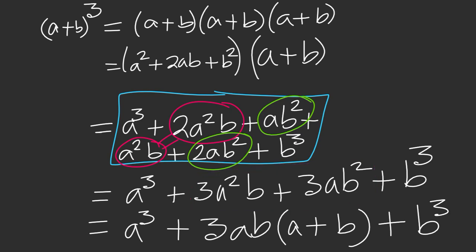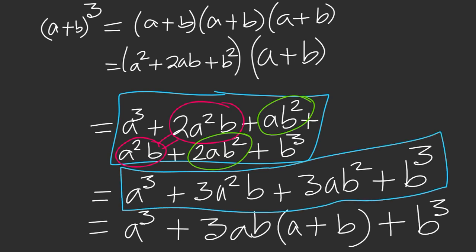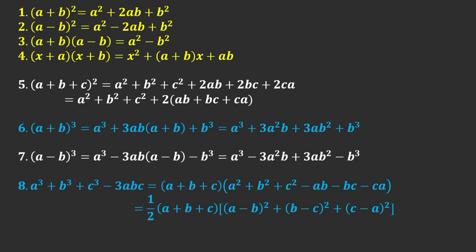One is a cube plus thrice a square b plus thrice ab square plus b cube, and the other one is a cube plus thrice ab into (a plus b) plus b cube. So these are the two formulas that we have already written, and you can see that in number 6.